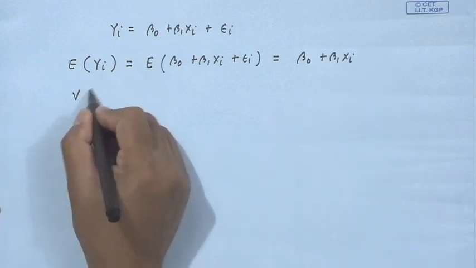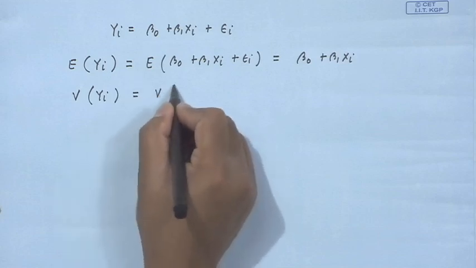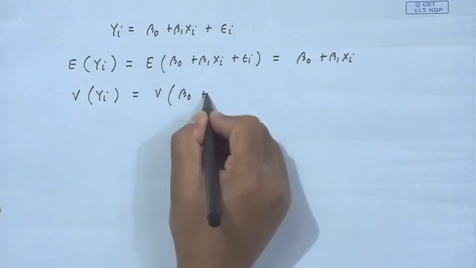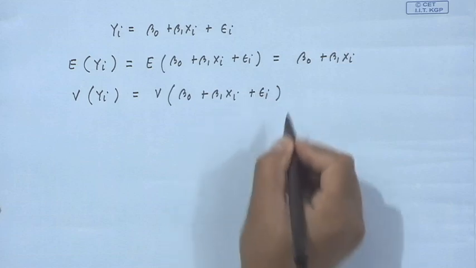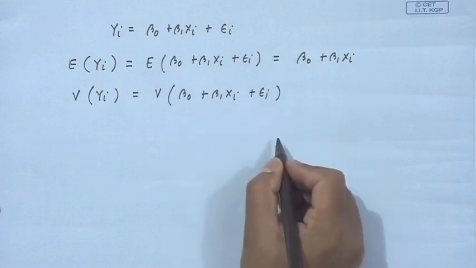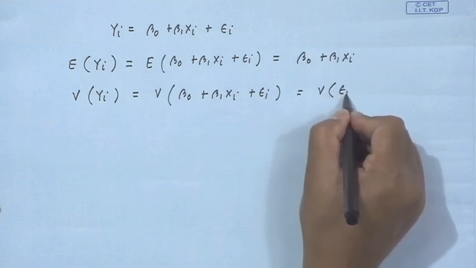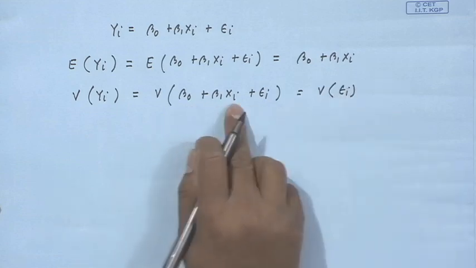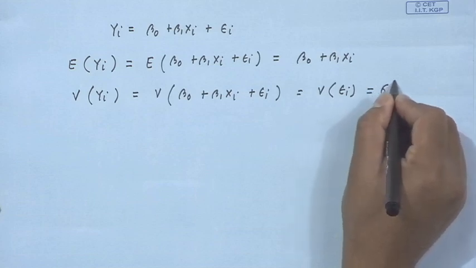And what is the variance of y I? The variance of y I is equal to the variance of beta naught plus beta 1 x I plus epsilon I, which is equal to the variance of epsilon I, because these are not random variables, which is equal to sigma square.